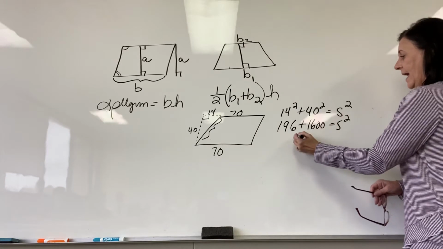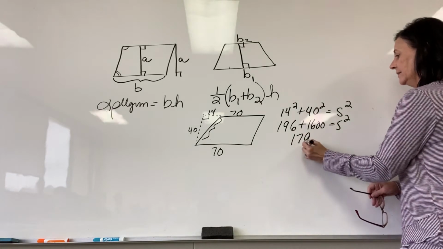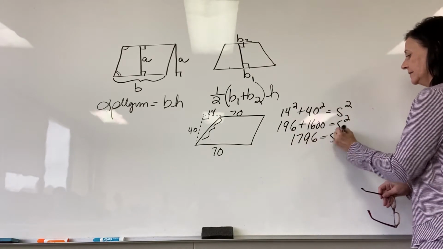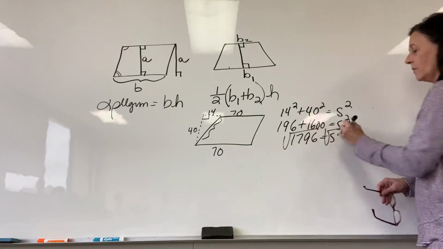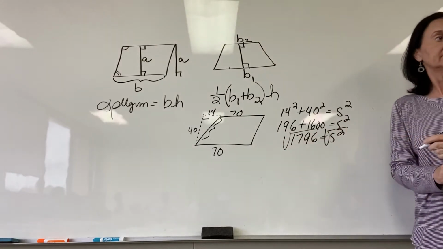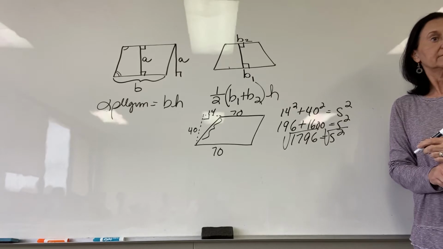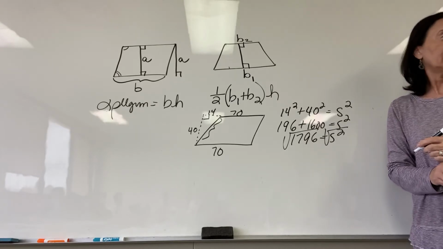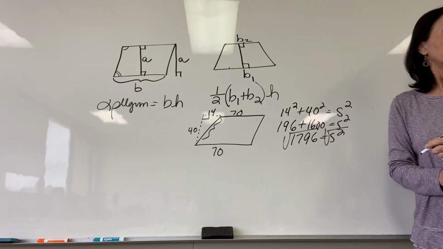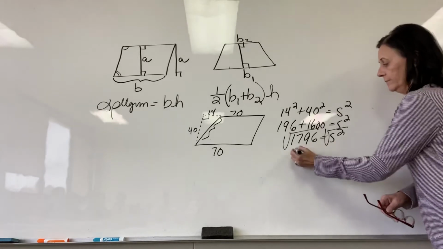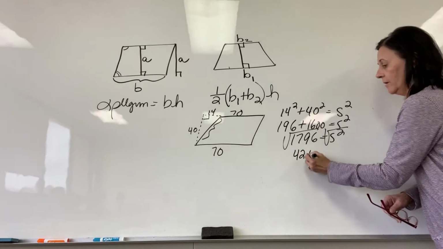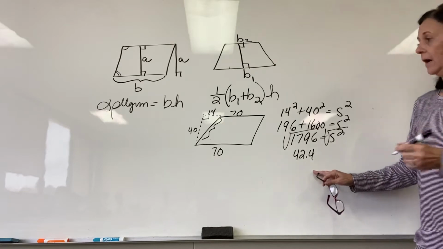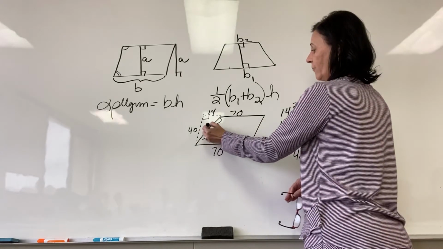What's that added? 1796. Take the square root of 1796 in your calculator. 42.3792. Okay, we'll say 42.4. So the length of this is about 42.4.